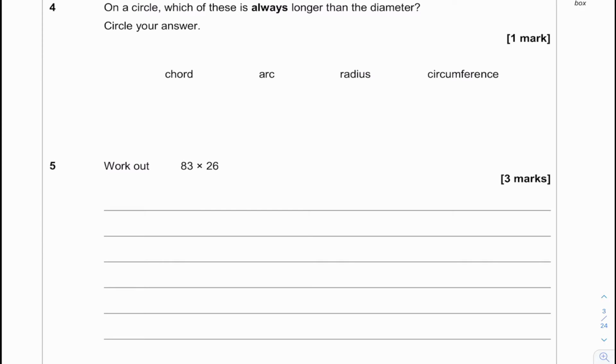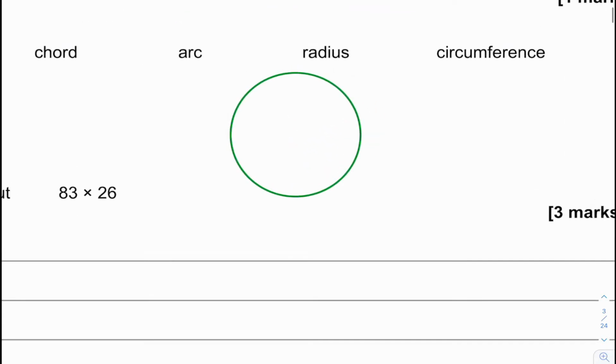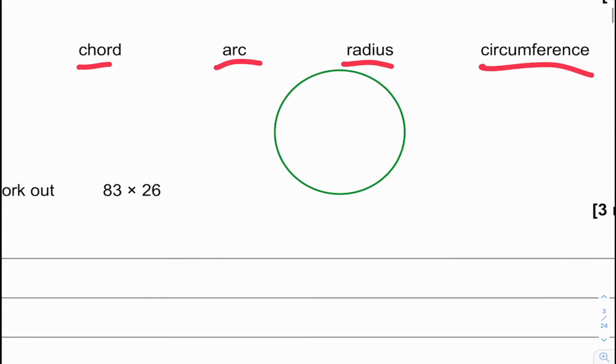Okay, so question 4, we are asked, on a circle, which of these is always longer than the diameter? And we need to circle our answer. So the best thing to do is always to draw a quick diagram. So let me quickly draw a circle. That's not a circle. Yeah, there we go, that's a bit better. Okay, so let's label all of these things on our circle, and then we can work out the answer to the question.